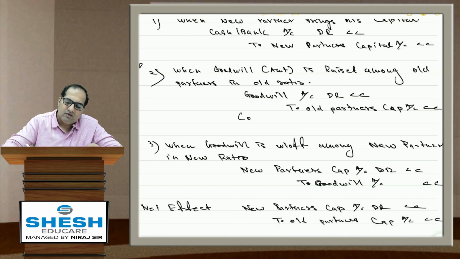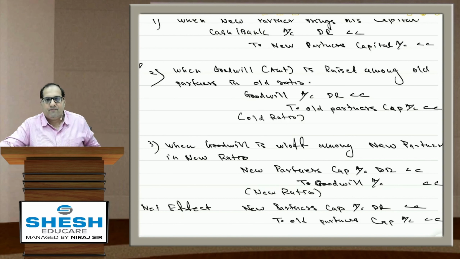This is in old ratio credited. This is debited in new ratio. So when I do the net effect of second and third entry, it will be old minus new, and that is nothing but sacrifice only.